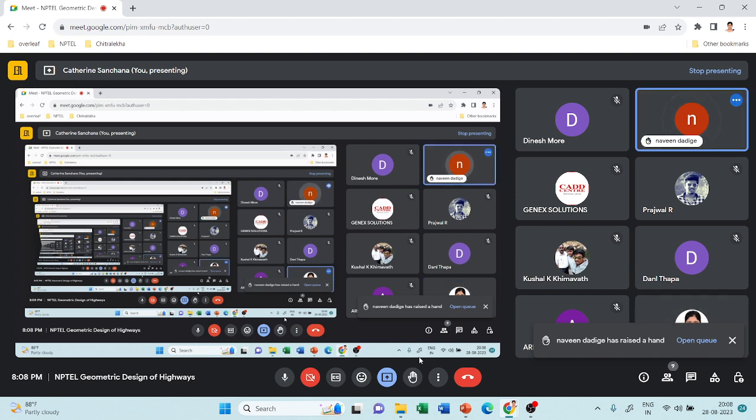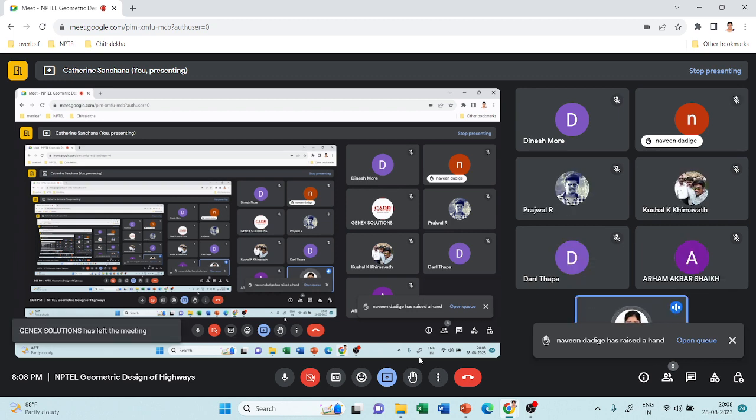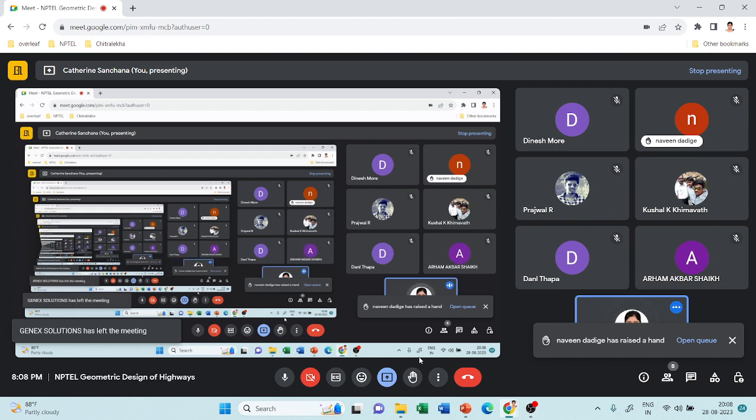Yes, ma'am. Actually, no road is classified as self-explanatory road. It means that you should design the road such that it is self-explanatory. So you are adding road furniture to it so that a person traveling on the road need not have special qualifications to understand how to travel on a road.